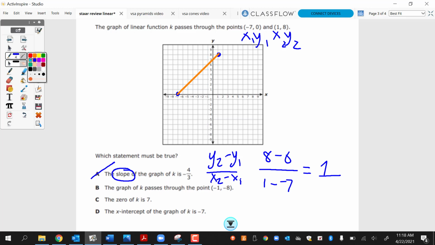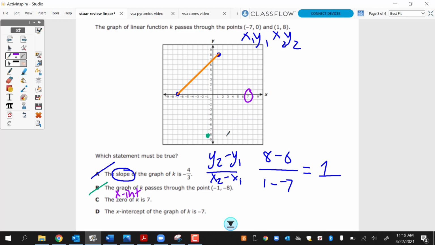Letter B, because I'm looking for which one is true. Letter B, the graph of k, this is k, passes through the point -1, -8. That's down here. Is this on this line? No, that is not true. The zero of k is 7. We know zero is another word for x-intercept. The intercept is at 7.